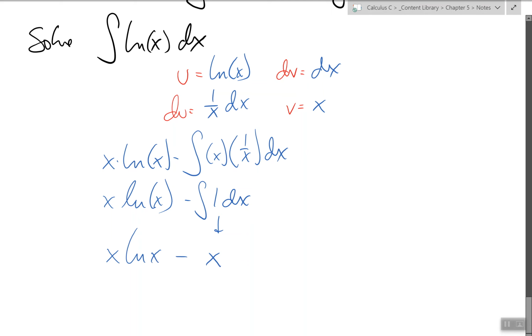So that's a really, in my opinion, elegant solution for an antiderivative that we don't know. That's not a standard antiderivative. This method also works for the antiderivative of the inverse tangent. That's a fun one. We know the derivative of the inverses, even sine inverse and cosine inverse.